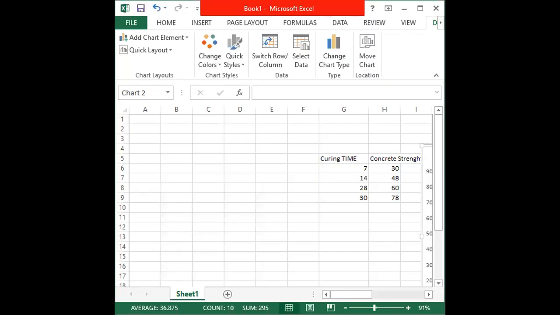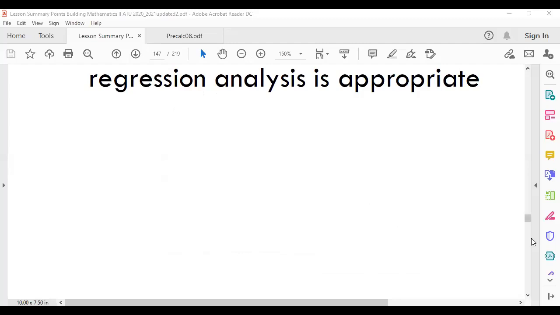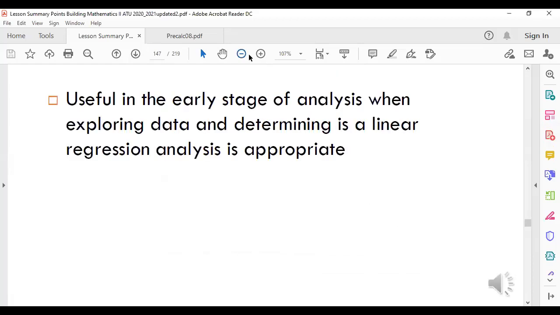Good. So we've looked at the concept of the scatter plots and what they are used for.